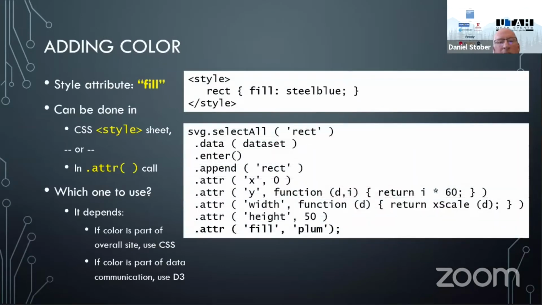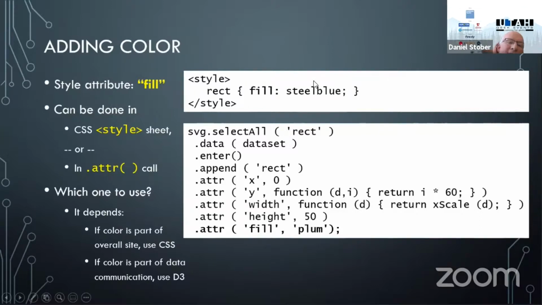our charts, and I've mentioned that we can address the colors as an attribute, but we can also address it in CSS. So the challenge becomes, what happens if you have conflicting values in here, right? I've specified a fill down here as plum, and I've specified a fill up here as steel blue.